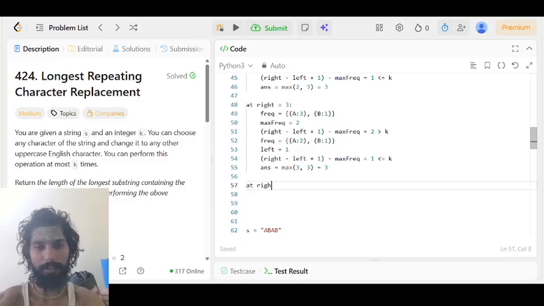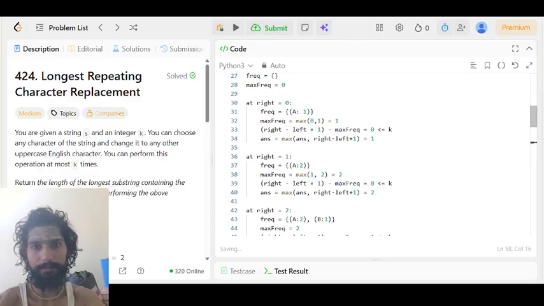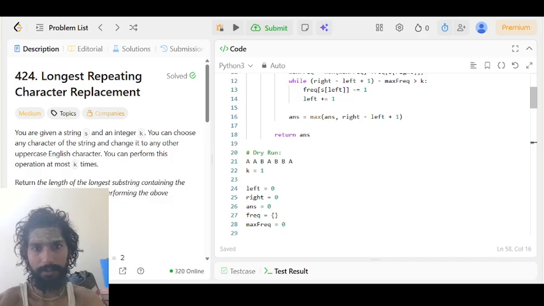Now at right equals 4, my frequency will become 0, 1, 2, 3, 4.